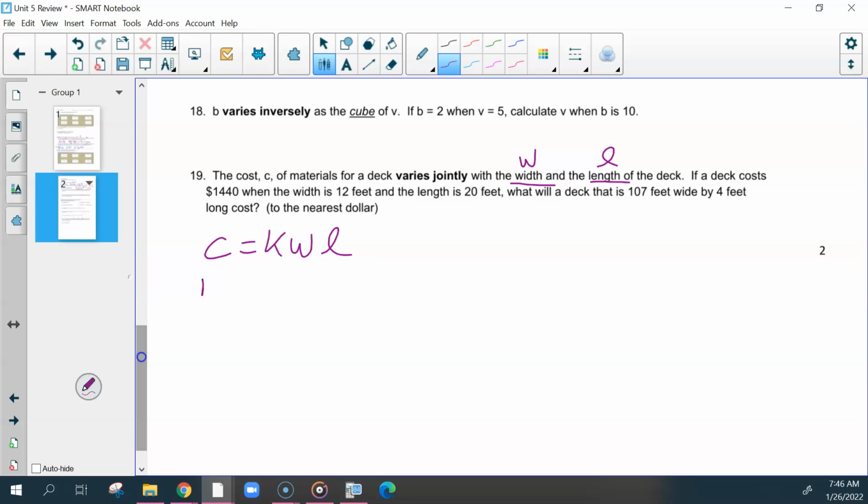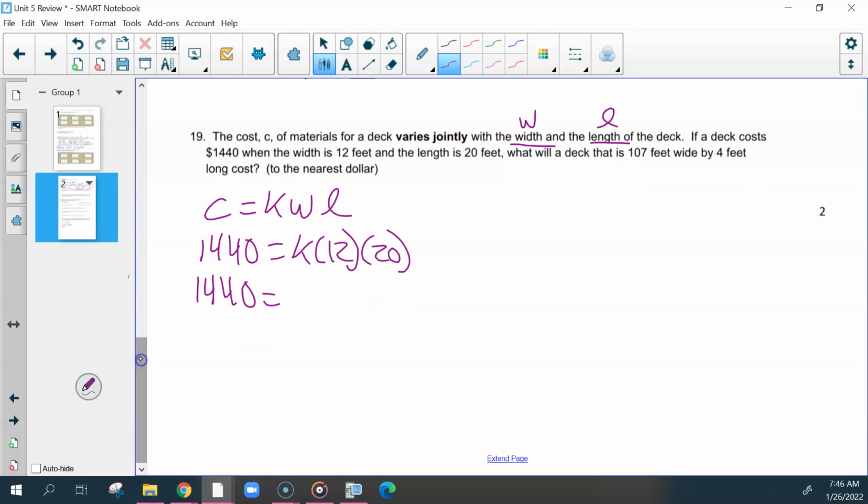So the deck costs $1,400 when the width is 12 and the length is 20. We put all of those numbers in, multiply and divide.